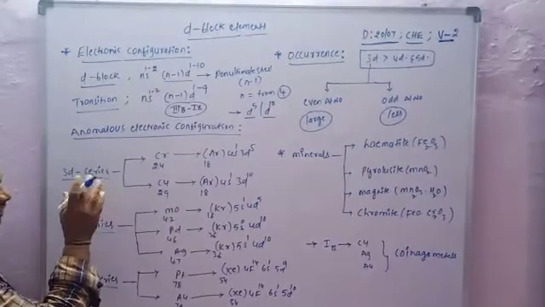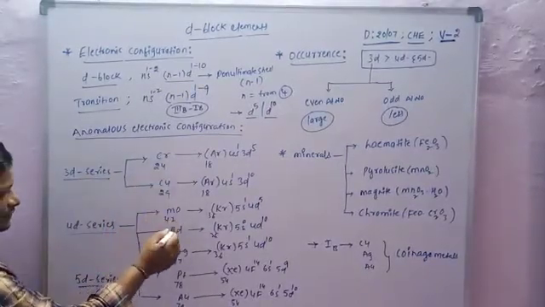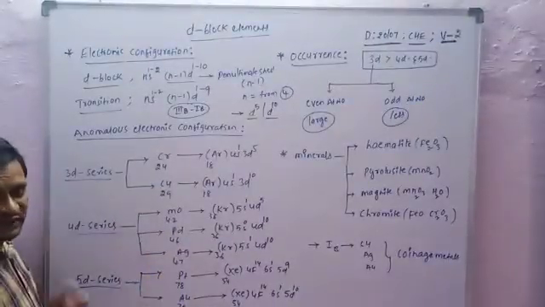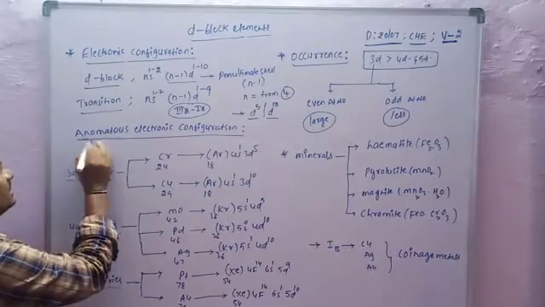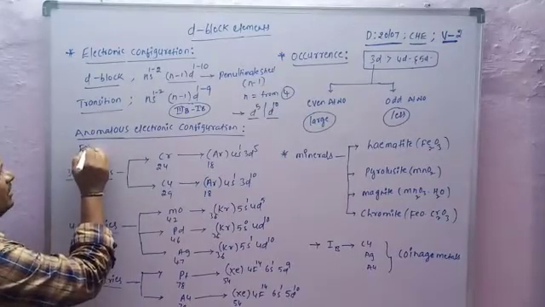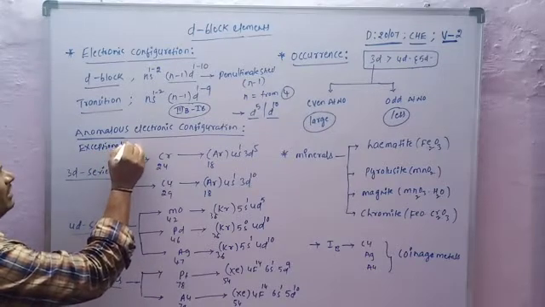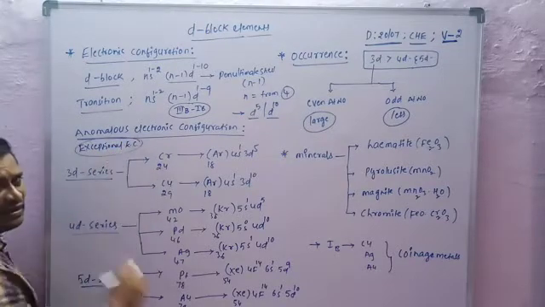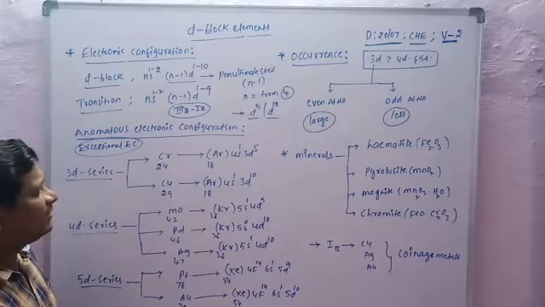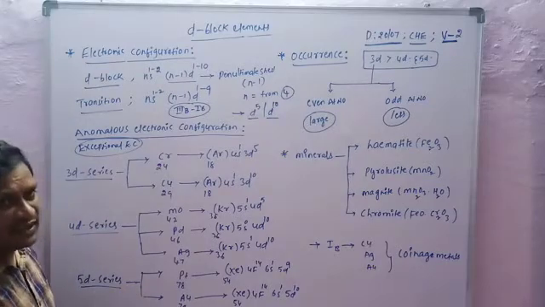So how many elements are these? 1, 2, 3, 4, 5, 6, 7. Seven elements with anomalous or exceptional electronic configuration.